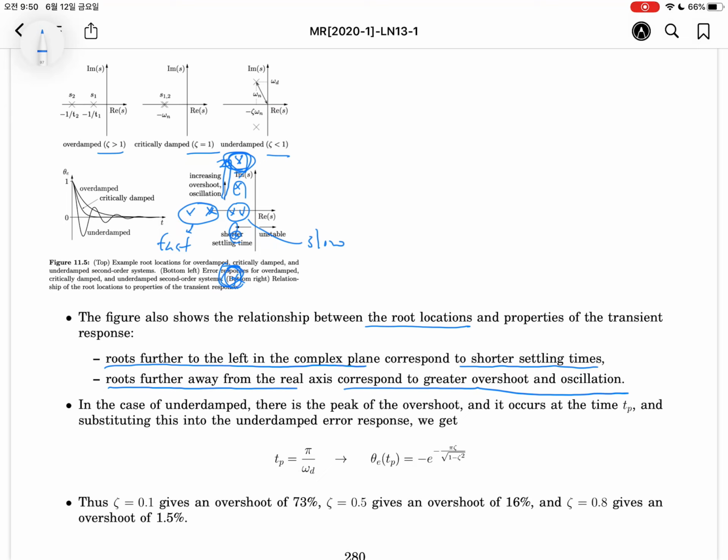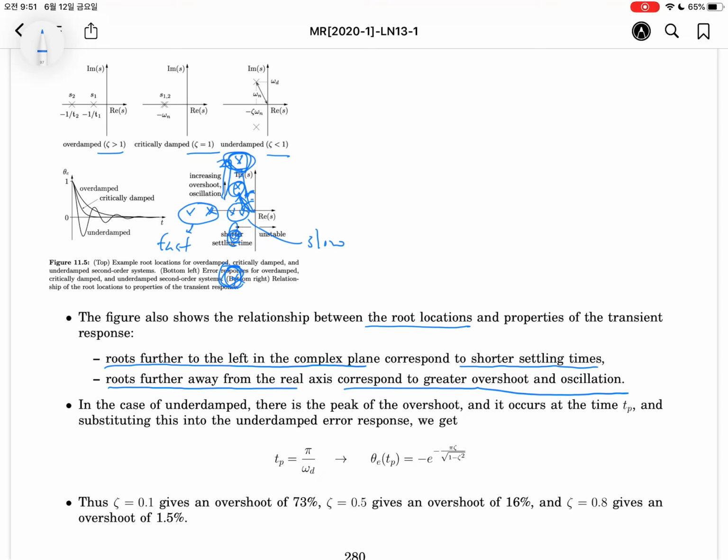It means the response will be a little bit fast compared to this one, but this angle corresponds to the damping. Damping is smaller than the previous one. So the roots further away from the real axis will give you a big overshoot and big oscillation.